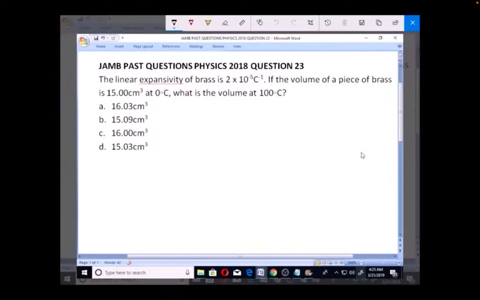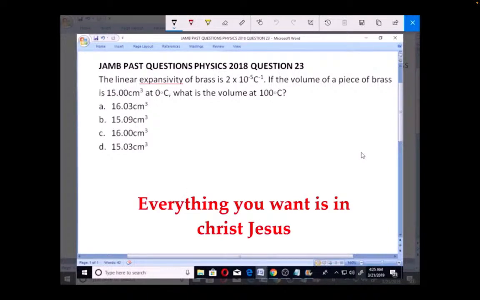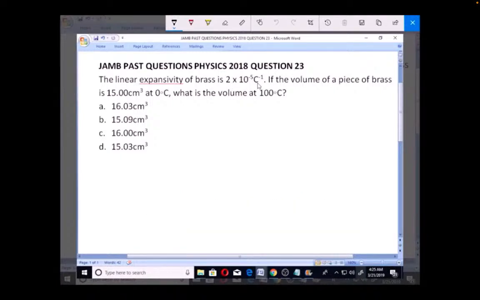Let's look at these JAMB questions for Physics 2018. Question number 23. The linear expansivity of brass is 2 times 10 to the power minus 5 per degree Celsius.